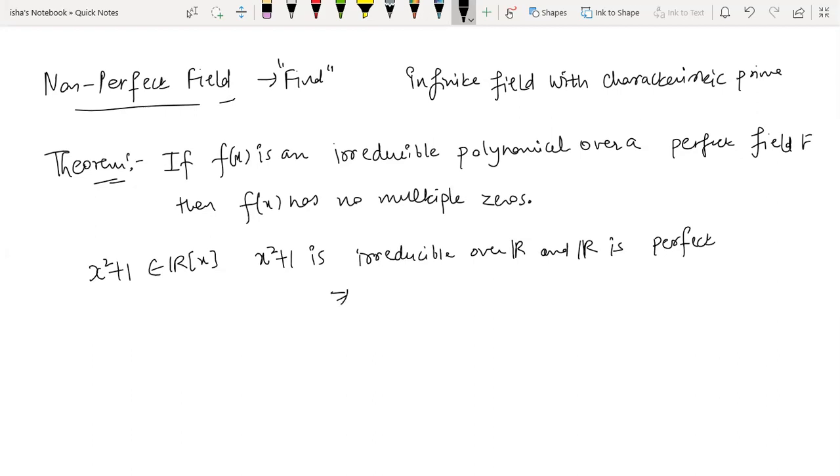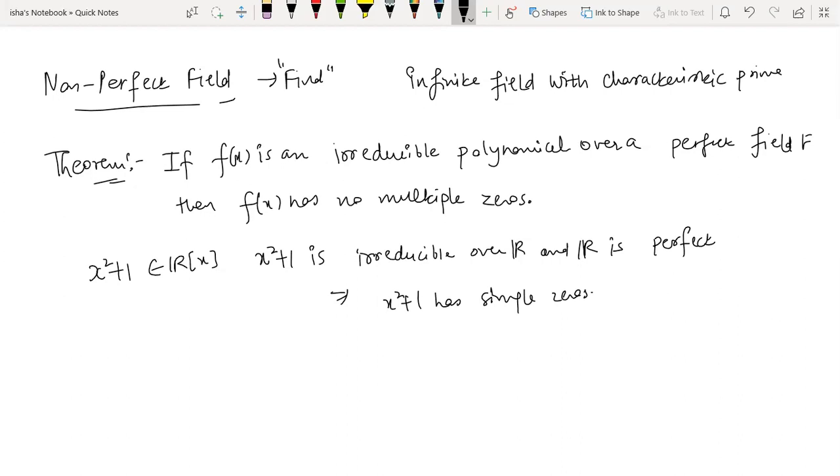It implies x square plus 1 has all simple zeros, it will not have any multiple zeros. So it's a simple example, we already know its roots, but this result will be helpful for those examples where otherwise suppose we don't know the roots, but we can determine at least the multiplicity of their roots, that whenever they will be there, what kind of roots can be there.